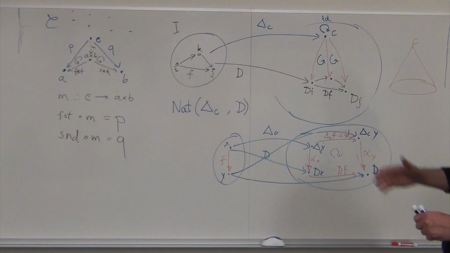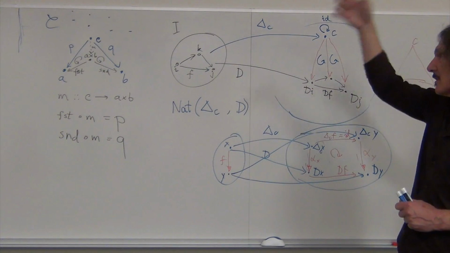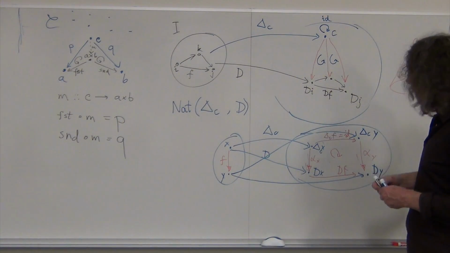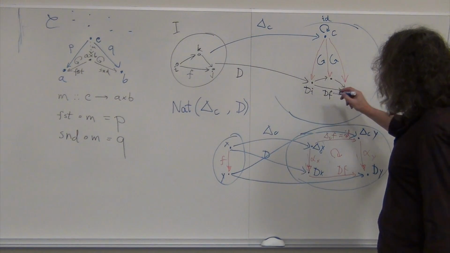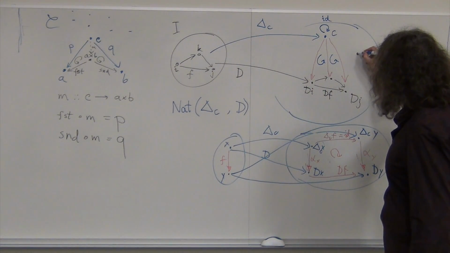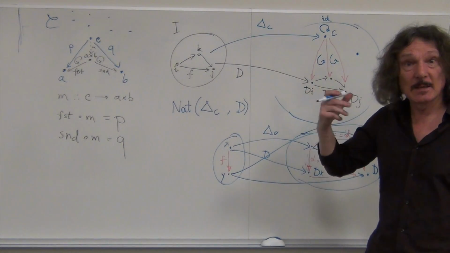Well, we have cones now instead of this simple diagram. So we have this cone, and we want to have a universal cone. This universal cone is called the limit.